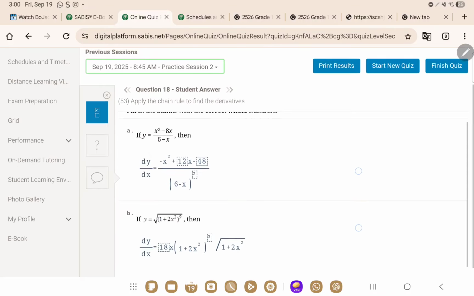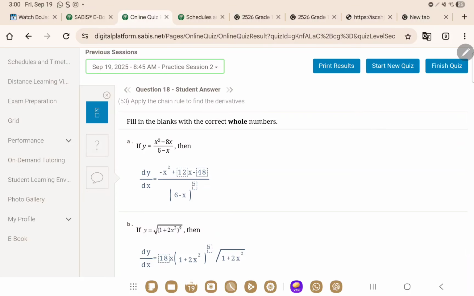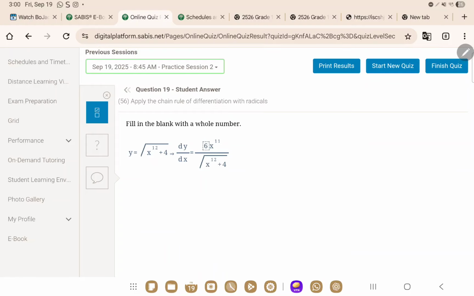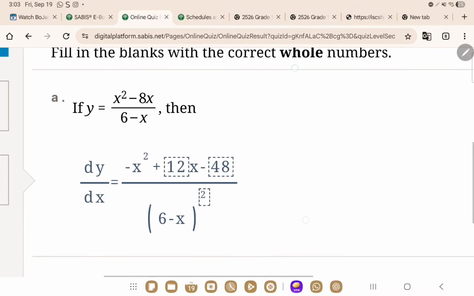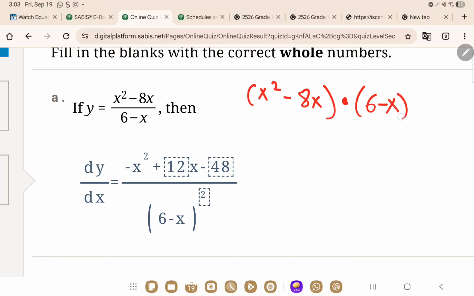Again, we need to use chain rule for both of these questions, and also for the last question, same exact thing. So this equation is basically x squared minus 8x times, you also need to use product rule, (6 minus x) to the power negative 1.